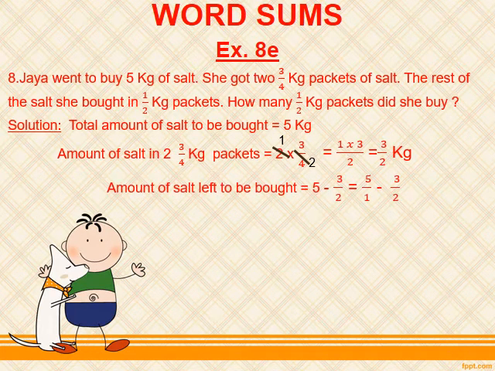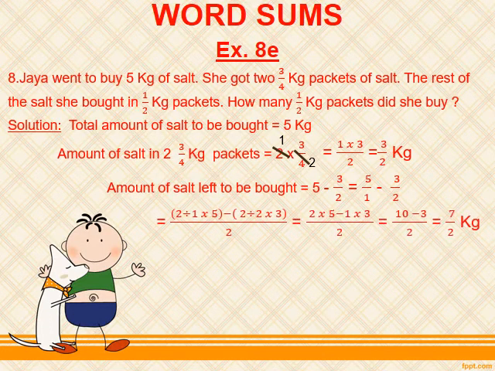Now children, the amount of salt left to be bought is equal to 5 minus 3 by 2. And we will consider 5 as 5 upon 1, and then 5 upon 1 minus 3 upon 2. The LCM of the denominators is 2.